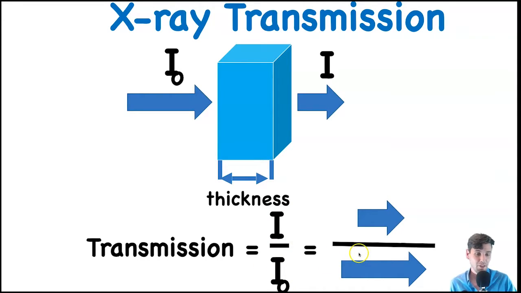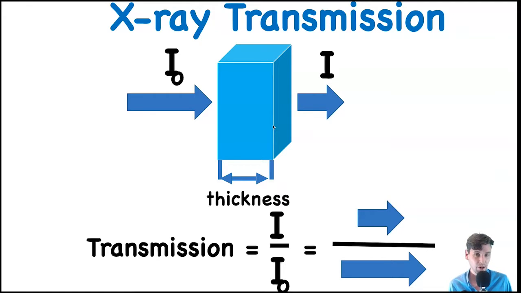And then we can just think about it like this. This is some arrow that's describing the intensity of the X-rays. We have fewer X-rays making it through the patient because some of them are being absorbed within the material. We can think about different materials, what the properties of those materials are, and compare them.